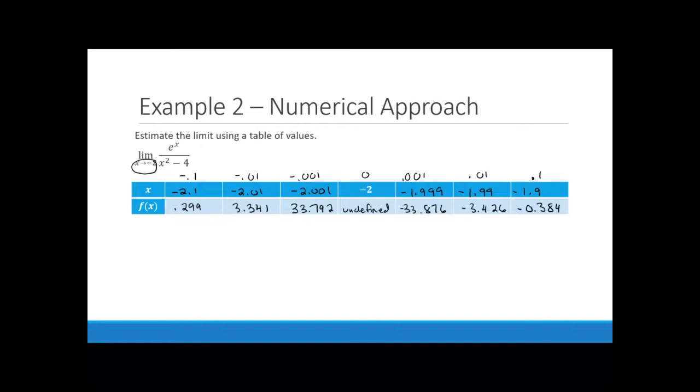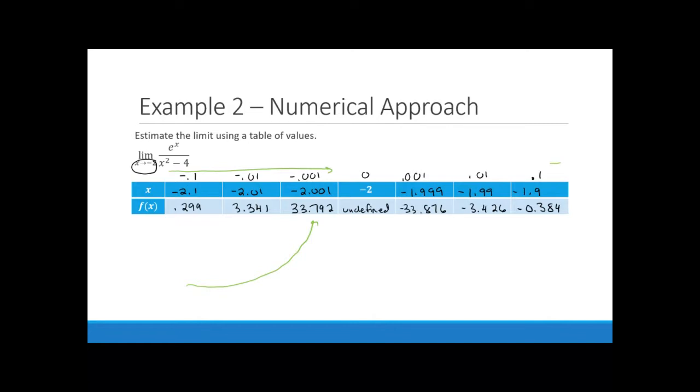So again, we're looking at what happens when x is going towards negative 2. When x is going towards negative 2, our y values seem to be increasing dramatically. They're going from close to 0 and then getting higher, like 0.3 to 3 to 30, going up much higher.